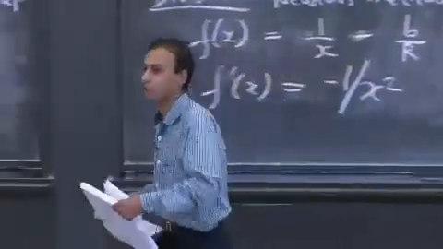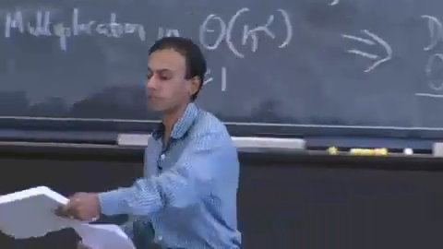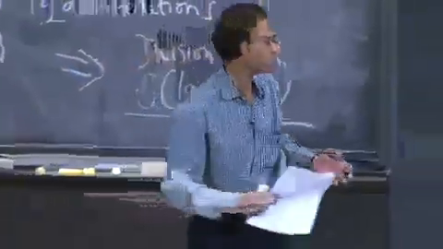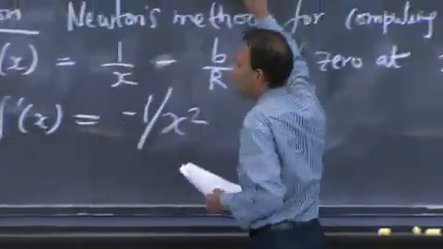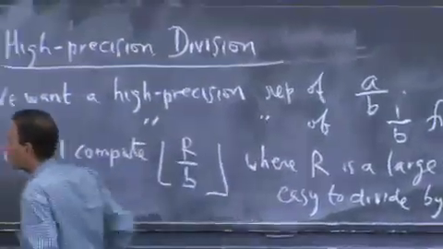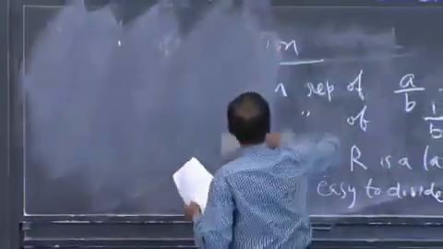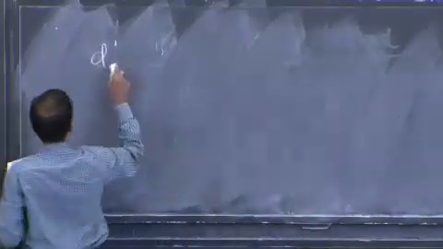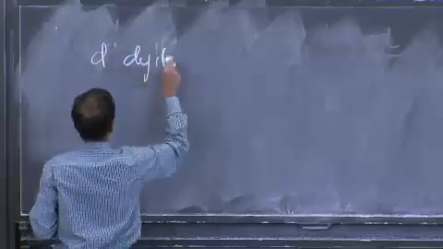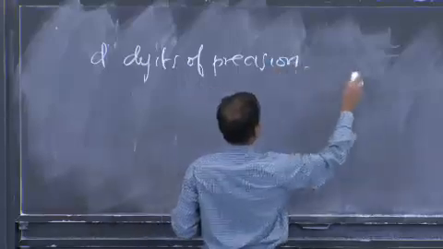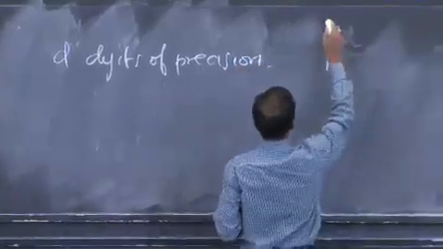Now I want you, or someone else, to tell me what the iteration looks like. So here's the key observation. The key observation is that if I want d digits of precision, I'm going to start with maybe 1 digit of precision.